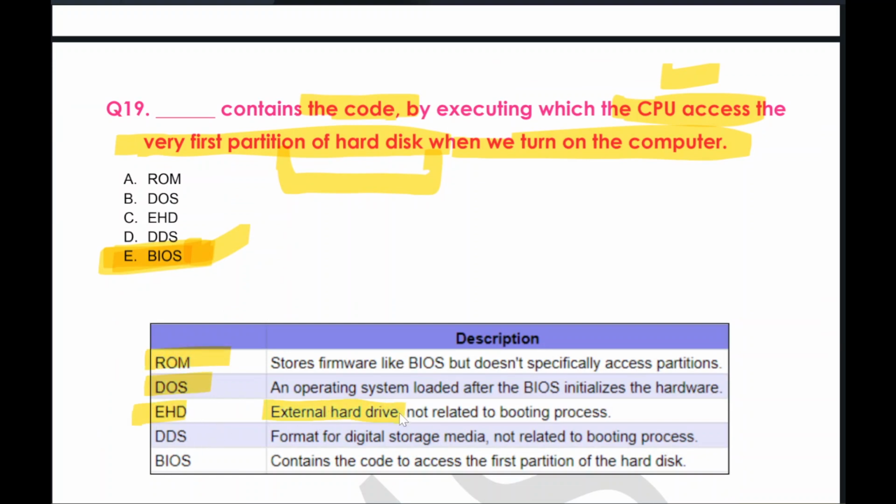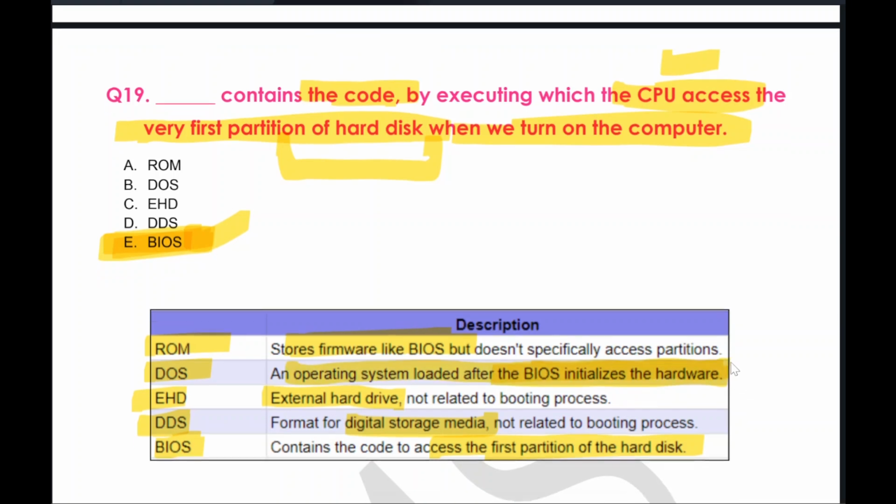EHD is external hard drive, and DDS is digital storage media. BIOS contains code to access the first partition of the hard disk. ROM stores firmware like BIOS. DOS is an operating system loaded after the BIOS initializes the hardware.